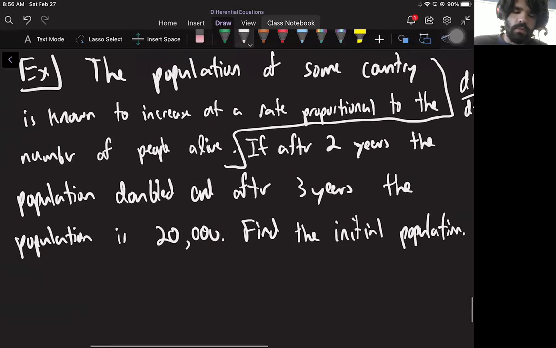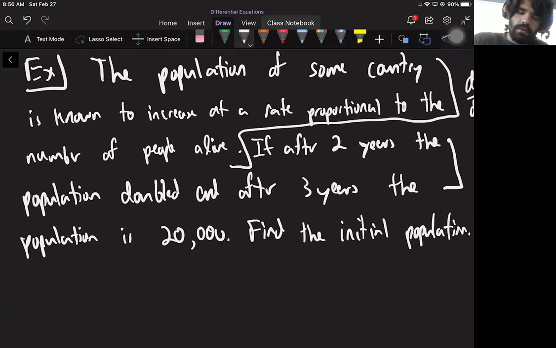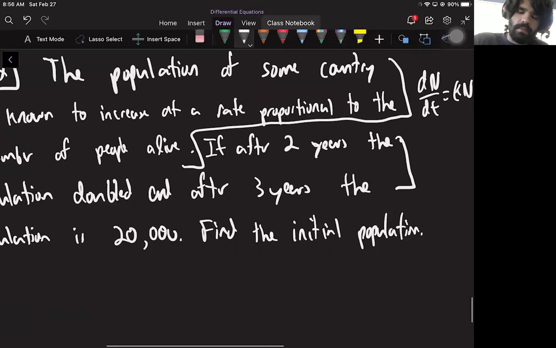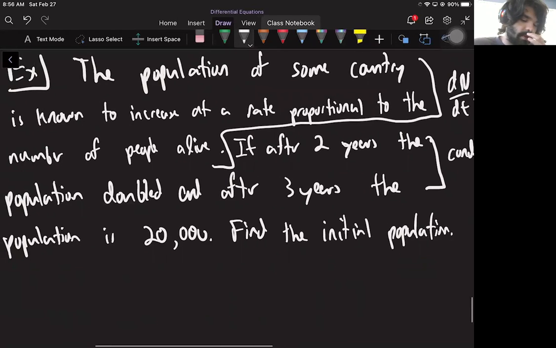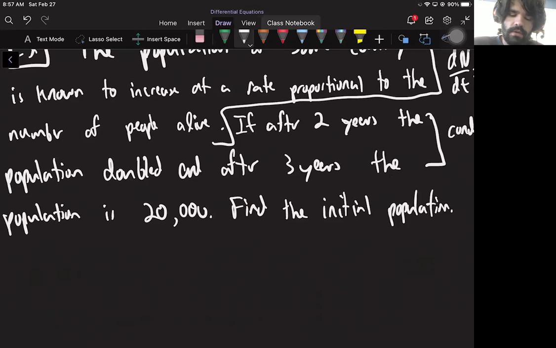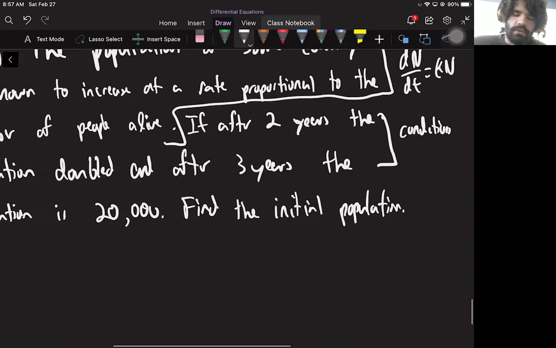And then we're given these extra conditions that are a bit different than last time. So now what we know is after 2 years, the population doubled instead of some specific amount. After 3 years, we do know a specific amount, 20,000. And then we want to find the initial population.